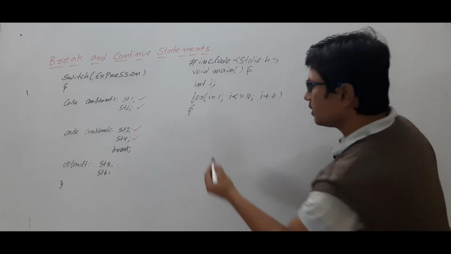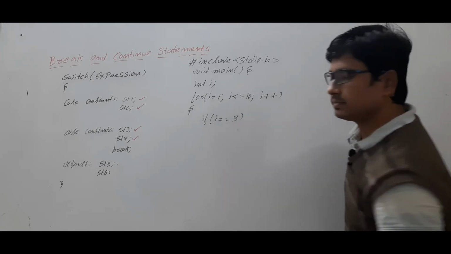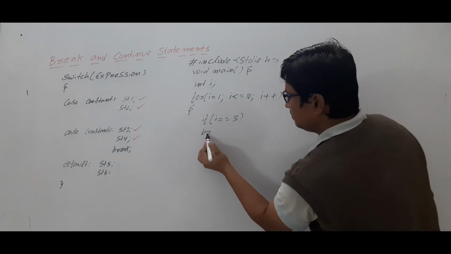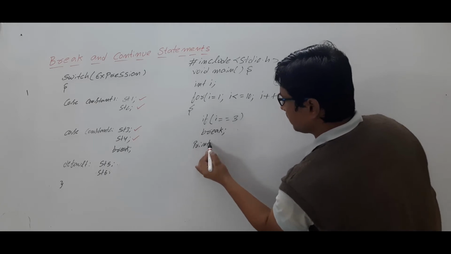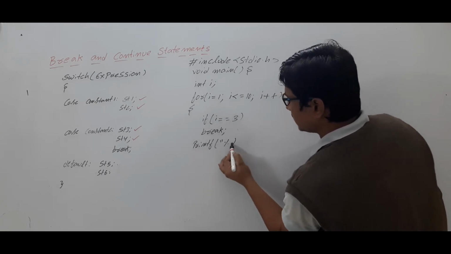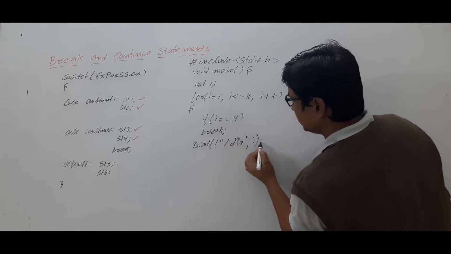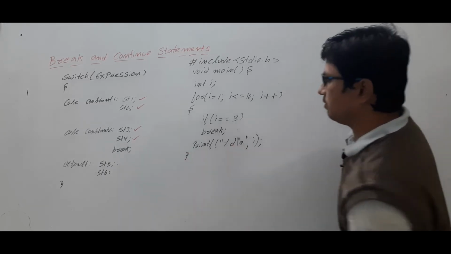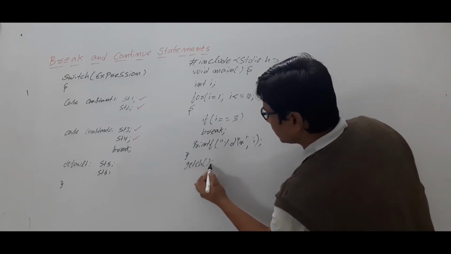And you have written if i is equal to 3, then break. printf percentage d, backslash n, i, end the for loop, and write getch, and end the main function.